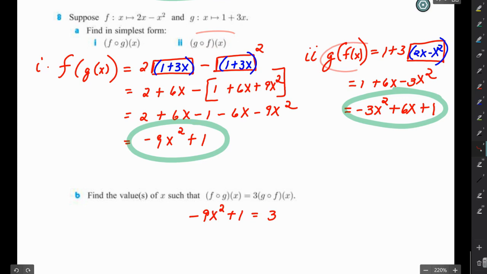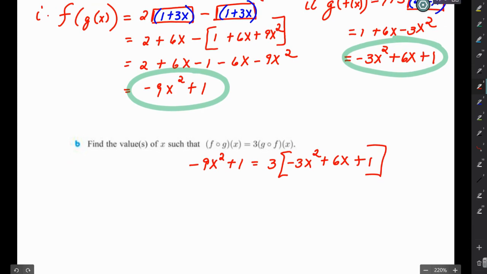G of f of x is what we found to be right here. Let's write that out. And then it just becomes back to your favorite, algebra. Solve it, and you should get a single value for x.